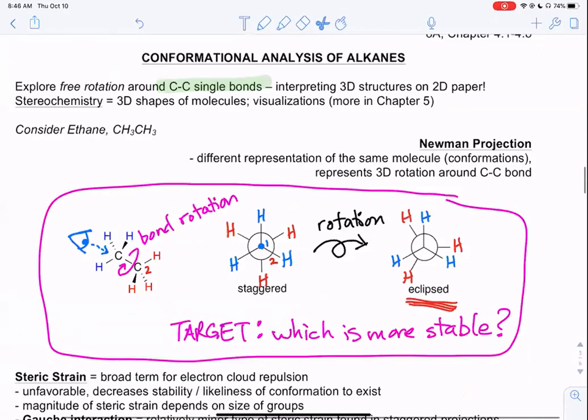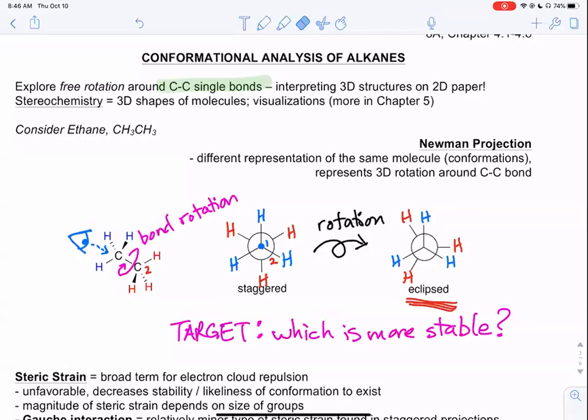Okay, we just barely started talking about conformational analysis. And what that is, once again, is the free rotation that we have around a carbon-carbon single bond. And we need to be able to take a 3-dimensional structure and draw it on 2-dimensional paper. We're going to visualize first the structure of ethane, just 2 carbons linked together with 3 hydrogens each.